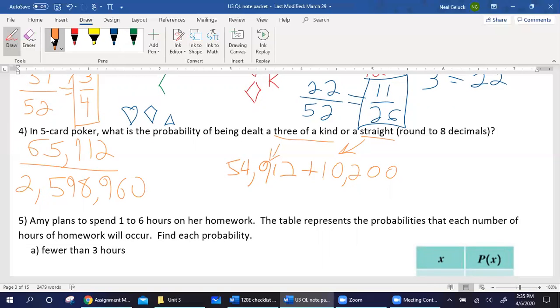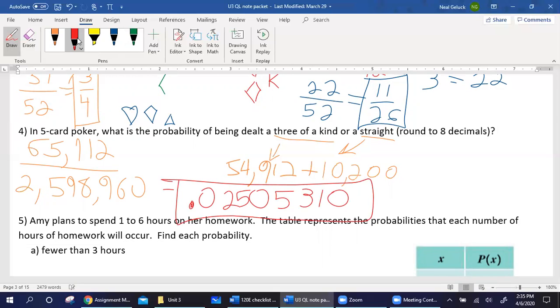This one you would do in your calculator. You would divide those, and you would get about 0.02505310. So as a percentage, you have about a 2.5% chance of either being dealt a 3 of a kind or a straight.